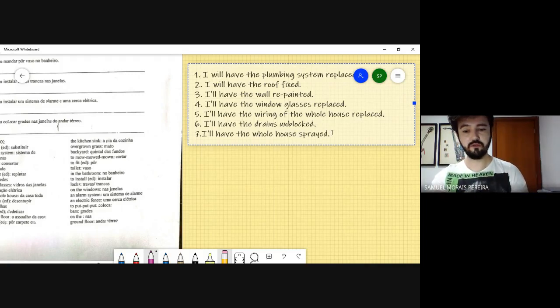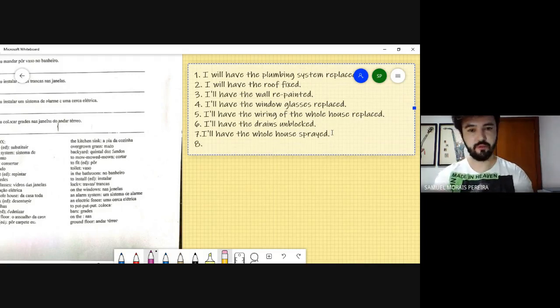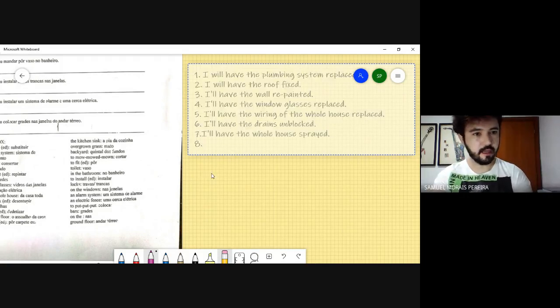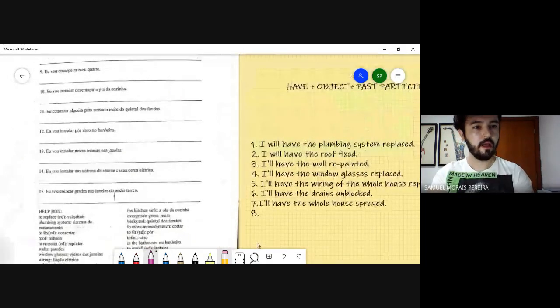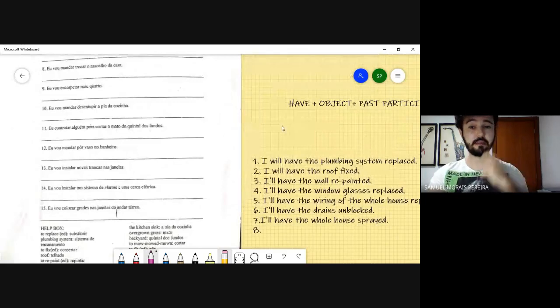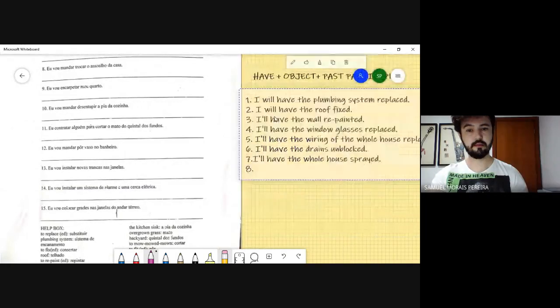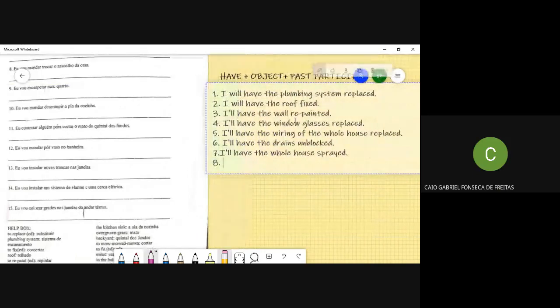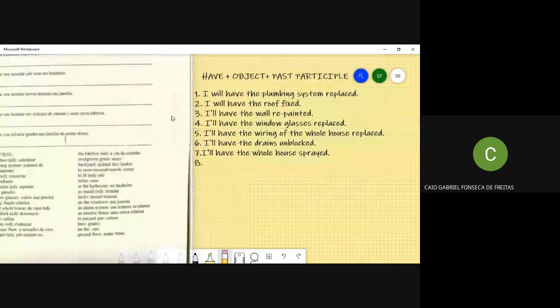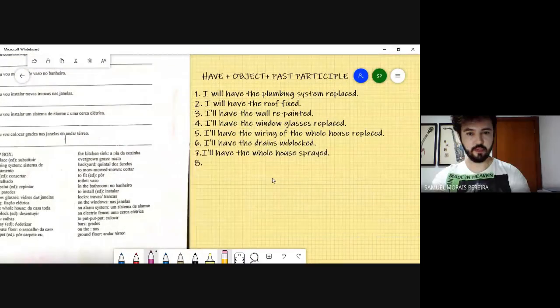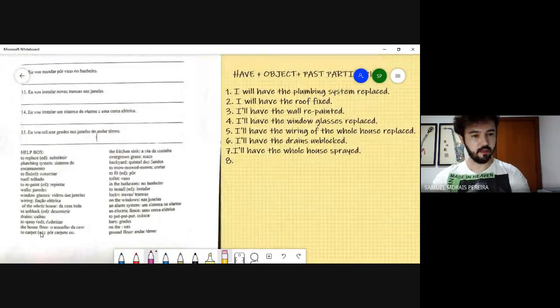So Caio, moving on to number 8. Could you please do number 8? Number 8 is this one here. Eu vou mandar trocar o assoalho da casa. O assoalho, né? Yes. Ô professor, se o senhor puder descer só para eu ter certeza na palavra, porque eu não tô com o papel aberto aqui. Ok, just a moment. Tá aqui, ó. O assoalho da casa, the house floor.